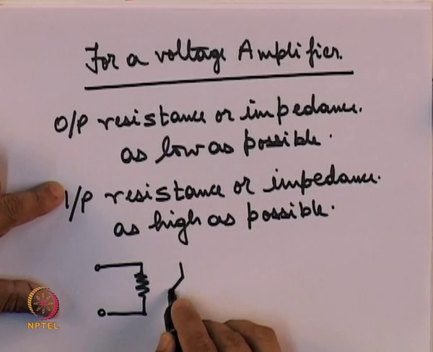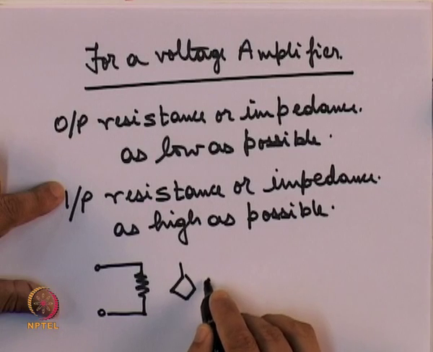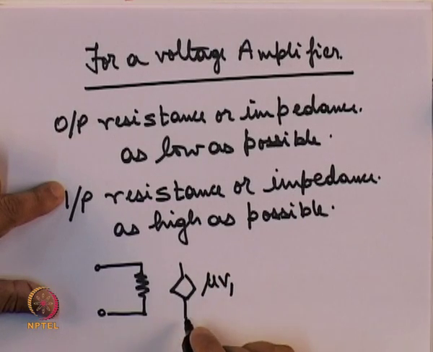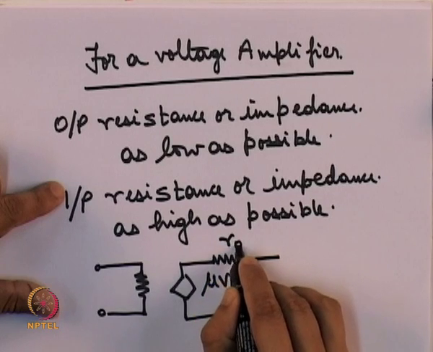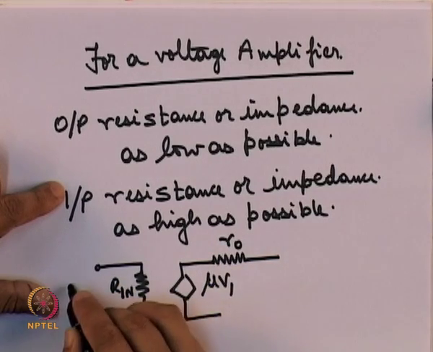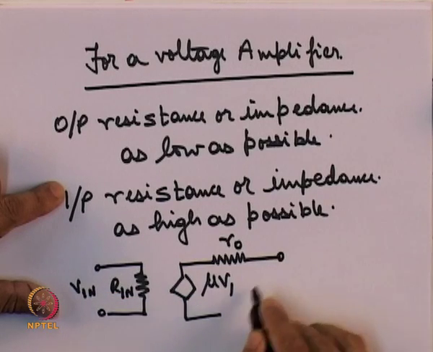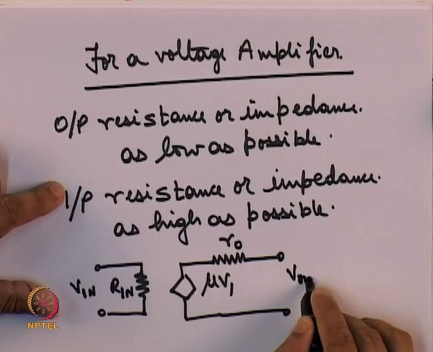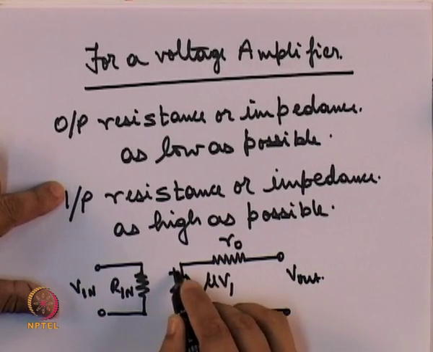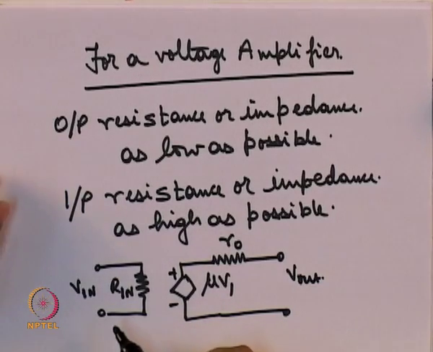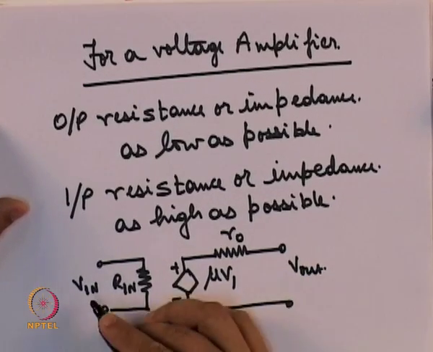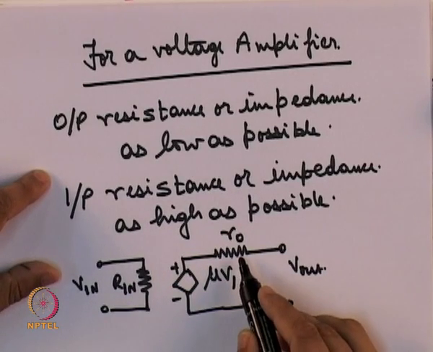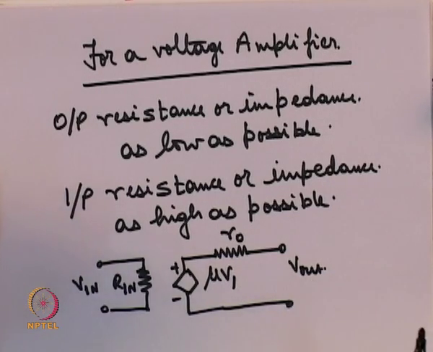if we go back to the model of a voltage amplifier, in a voltage amplifier we have a voltage dependent voltage source, an input voltage V in with input impedance R in, and output impedance R0, and output voltage is V out.